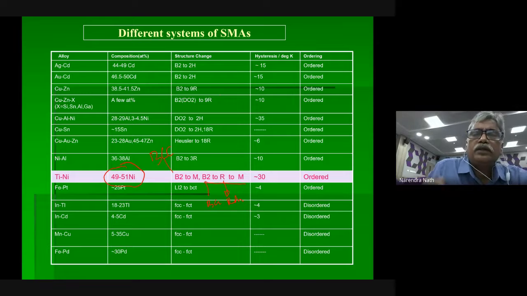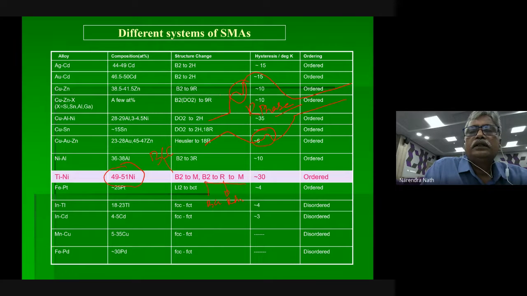Yeah. Thank you. So now, if you see this B2R to M, it is like this. While heating, while cooling. See here, now there is another phase coming here. So this is the R phase, rhombohedral phase.